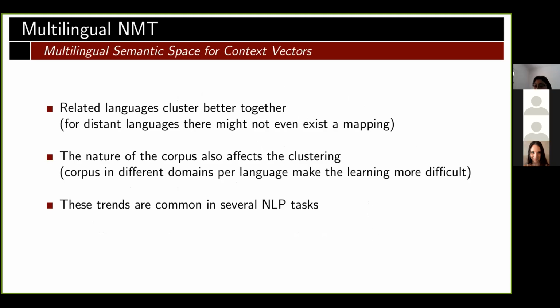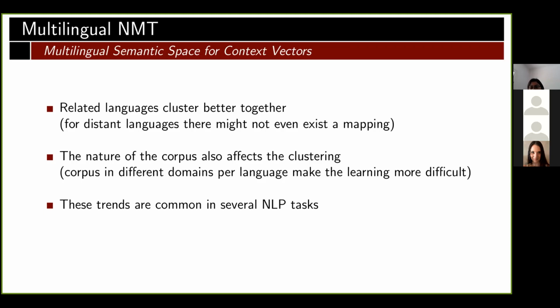So what's the takeaway point here? That in multilingual neural machine translation, related languages cluster better together than distant languages, and that the nature of the corpus also affects the clustering. So plots are not so nice in the challenging test set with Arabic, Spanish, English, and in the multilingual TED Talks test set.